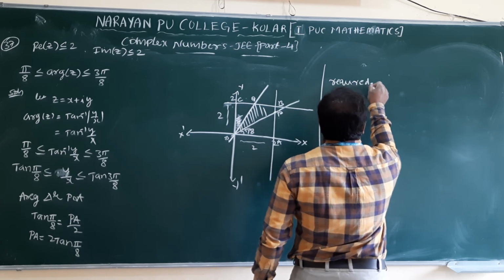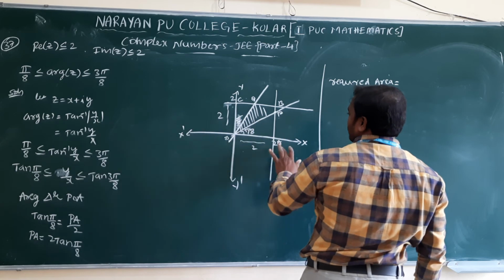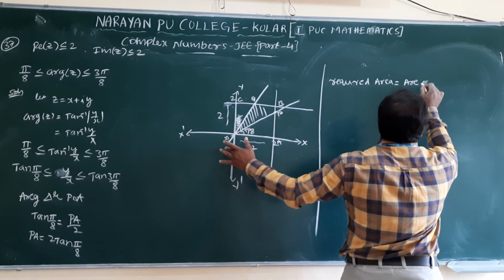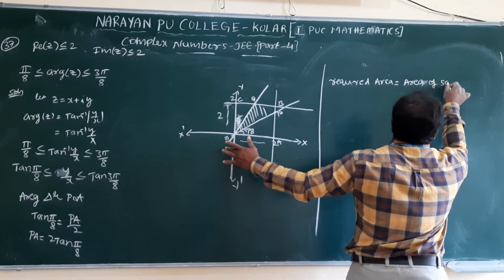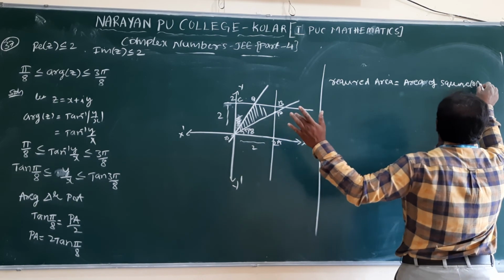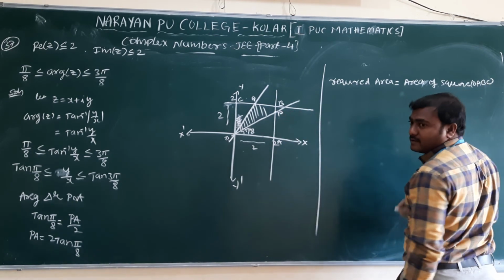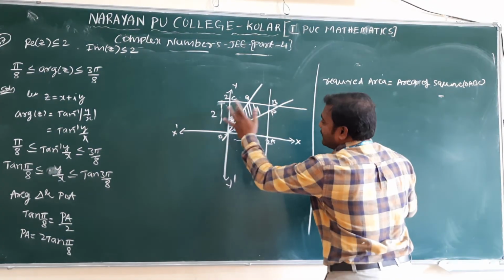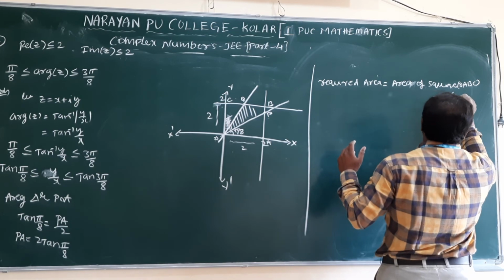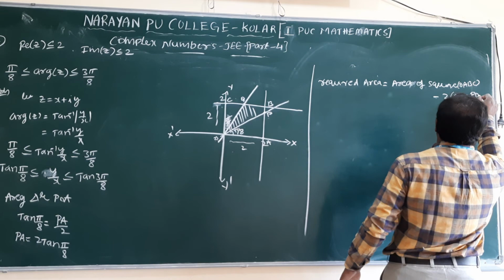Required area is equal to the area of the square OABC minus 2 times the area of POA.